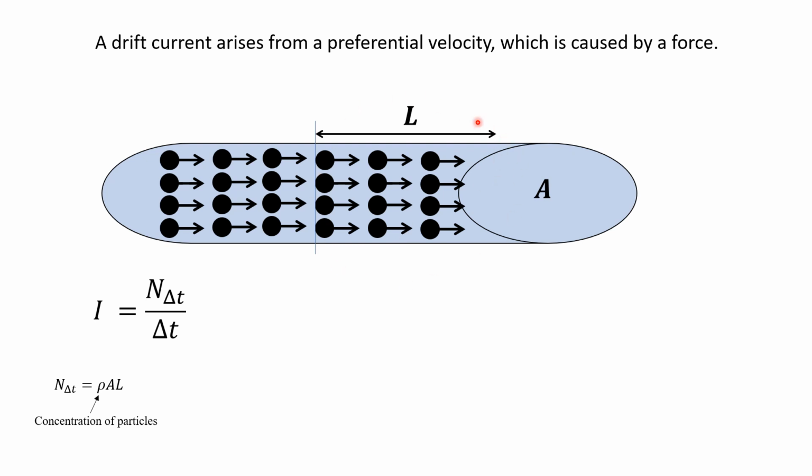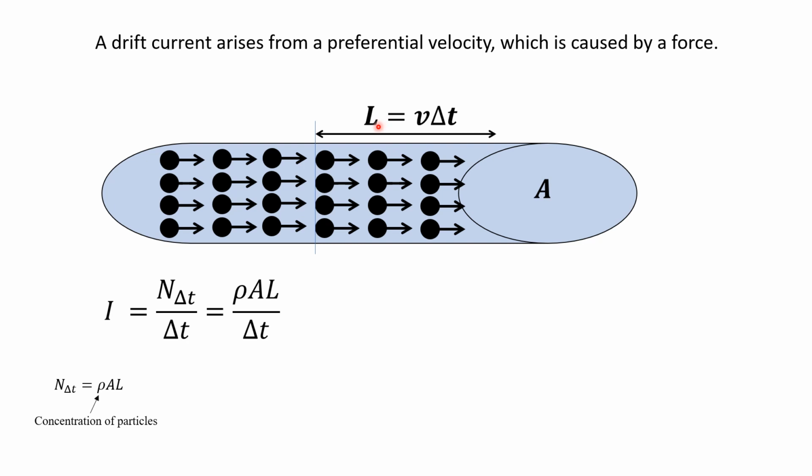So this number of particles is just the number of particles inside this volume. So it is the concentration of particles times the volume, and the volume is the area times this distance L. So we can use this expression for the number of particles that cross the area A in the interval of time delta t.